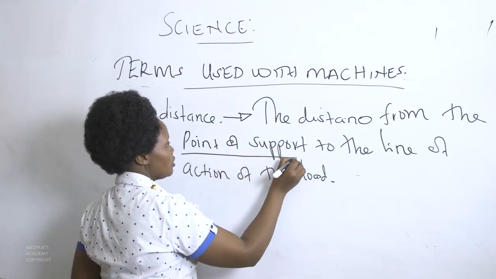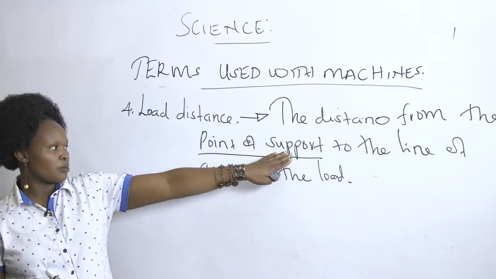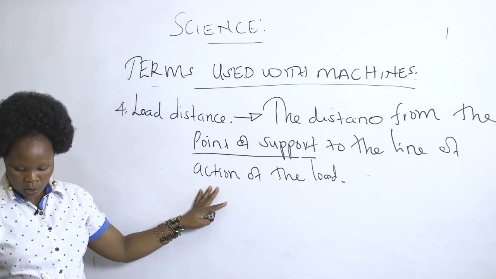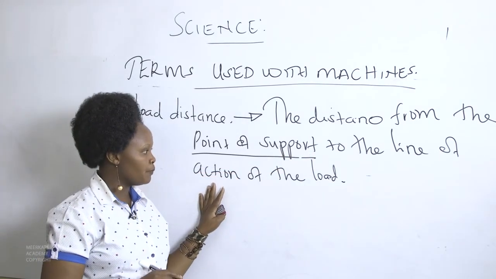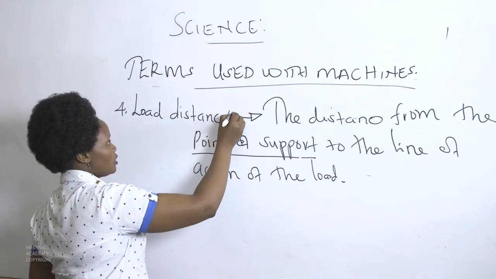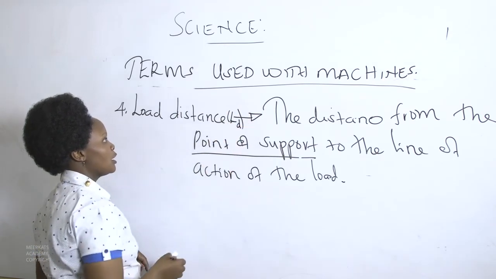Again, note that all the distances are measured from the point of support to the line of action of the load. And this one we also write as L subscript D.